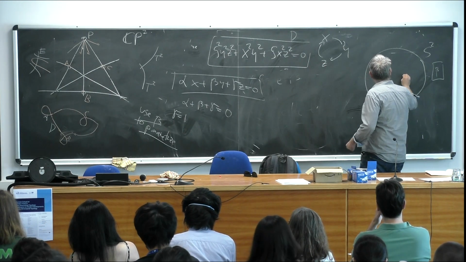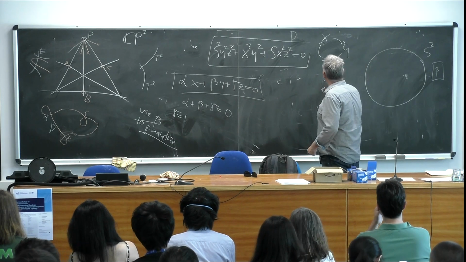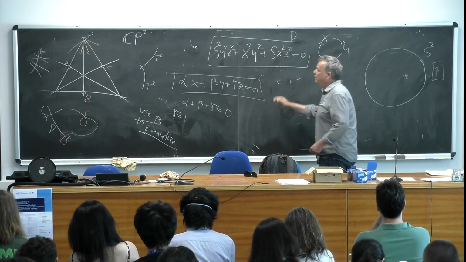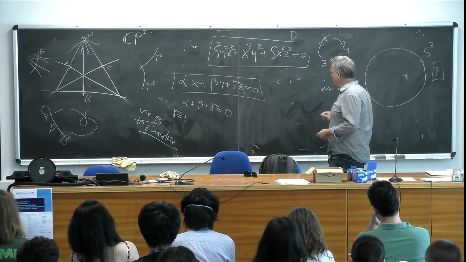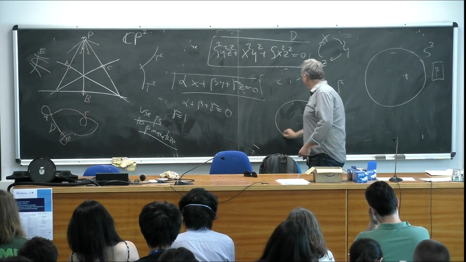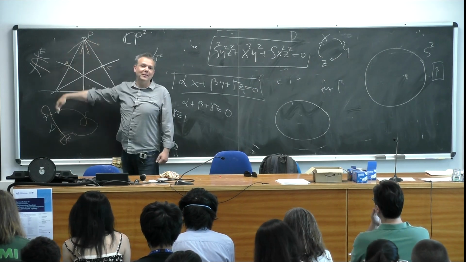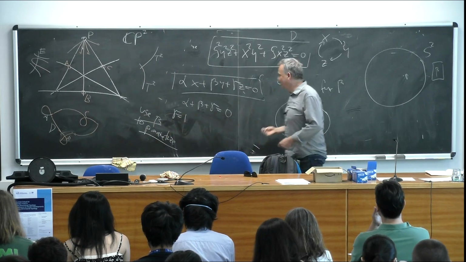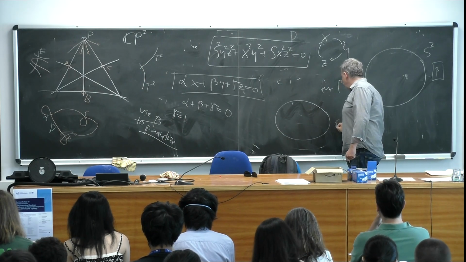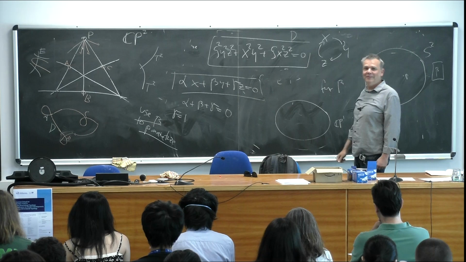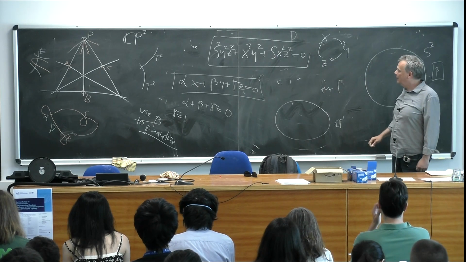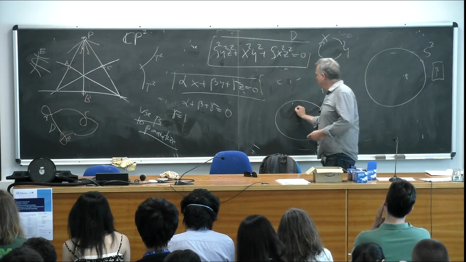So fix beta, and then before you did any of these double branch covers, you used to have a line going through that point, which is again a CP1. Maybe don't parameterize it, just know that it is a CP1, okay? And what we have is that there are 6 points in this CP1.